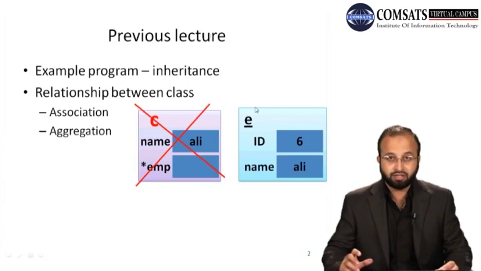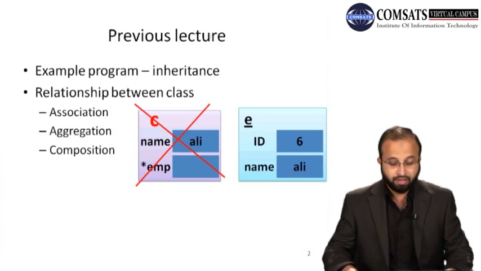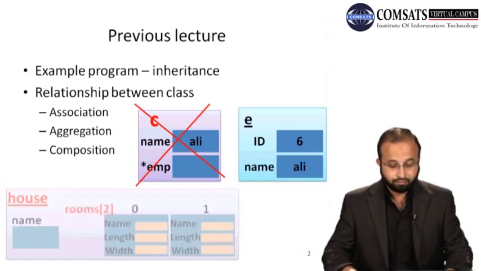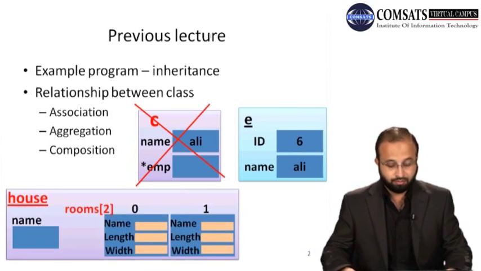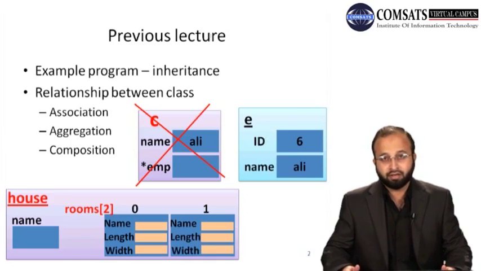So this aggregation is not that strong a relationship as compared to composition, where the composition is a part-whole relationship, right? So in composition, if the parent object is deleted, then the part or the child object will also be deleted. So if whole is deleted, the part is also deleted.